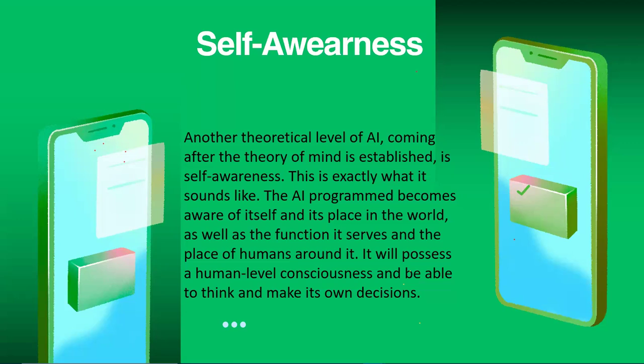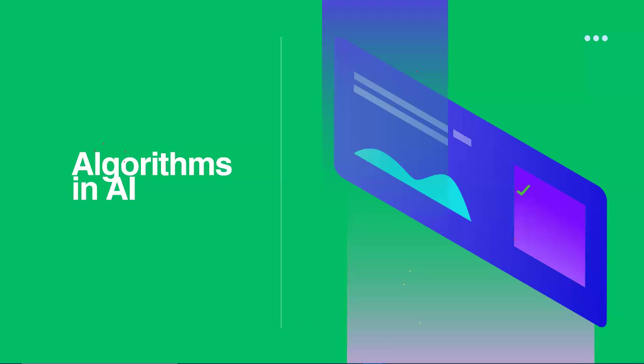Now, the second part of this program talks about algorithms in AI. If we go back to the broader definition of AI, we said it's a branch of computer science that deals with the development of intelligent systems, right? And when we talk about computer science, we're talking about coding, algorithms, maths and the rest.